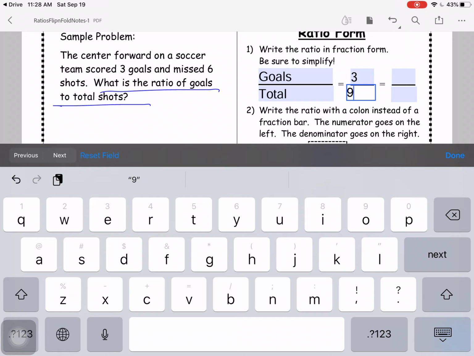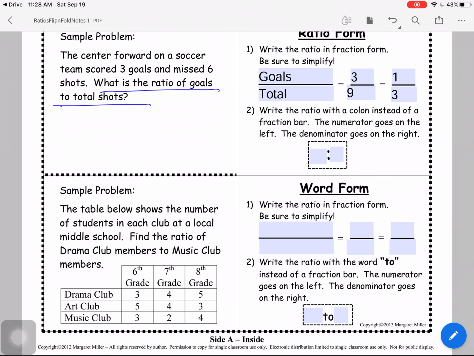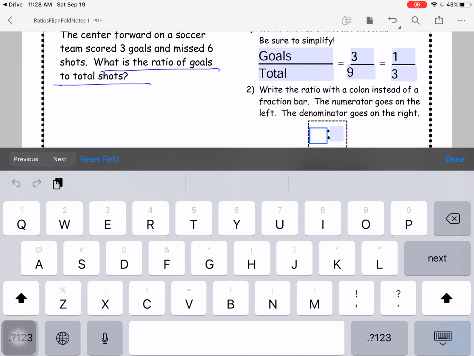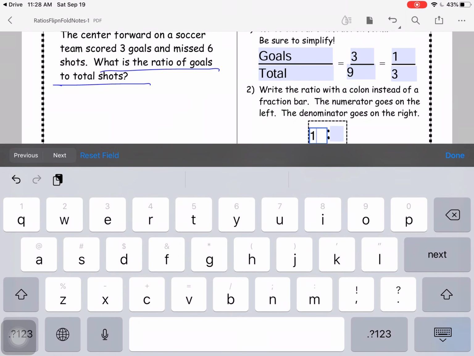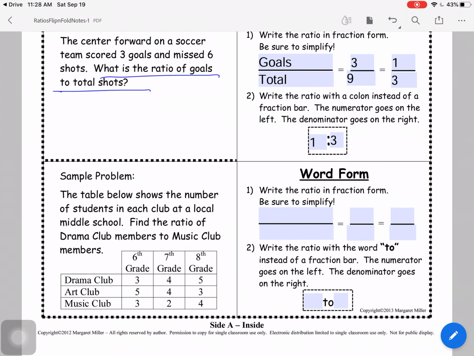All right, then we're going to simplify, which gives us a 1 to 3 ratio, not 1/3, 1 to 3. And then we're going to write the ratio with a colon instead of a fraction bar. All right, so 1 goes on this side of the colon because 1 represents the goals, and 3 goes on this side of the colon because it represents the total number of shots in our ratio.